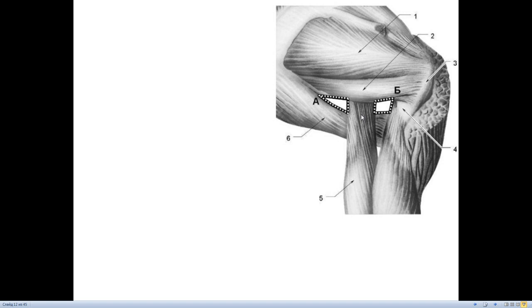It's formed by teres minor muscle and subscapular muscle superiorly, inferiorly the teres major muscle, laterally the long head of the triceps brachii muscle.